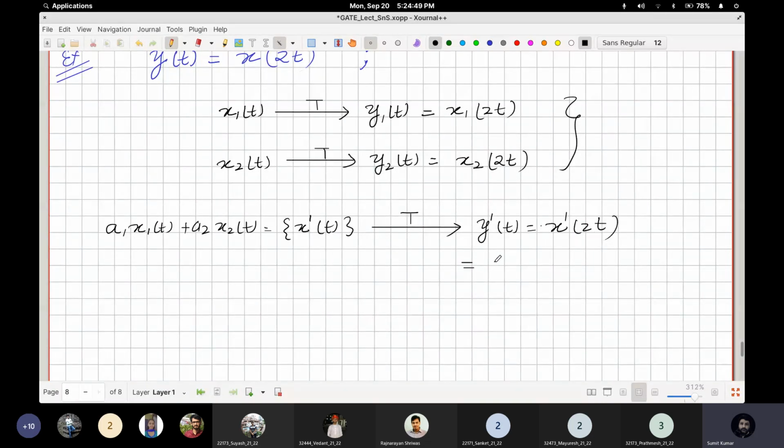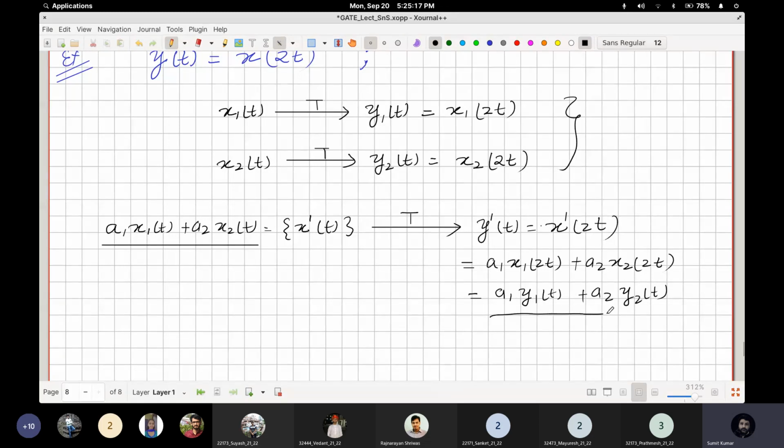So this is going to be a1 x1 of 2t plus a2 x2 of 2t. Okay, and x1 of 2t is basically y1(t), isn't it? So this will be a1 y1(t) plus a2 y2(t). So a1 x1(t) plus a2 x2(t) is producing a1 y1(t) plus a2 y2(t), isn't it?